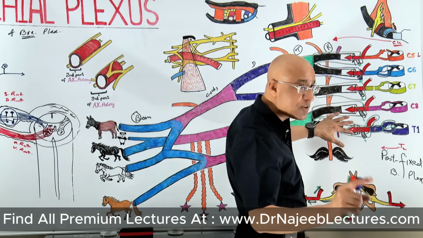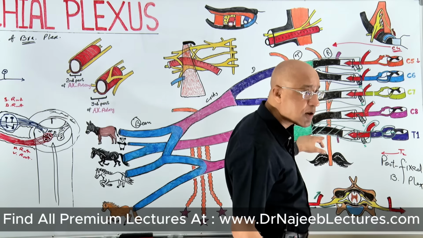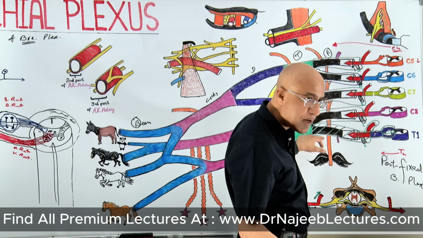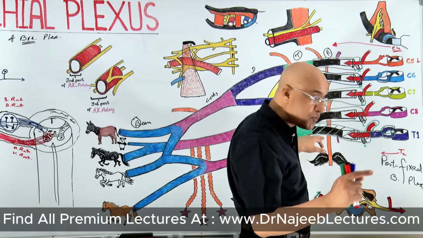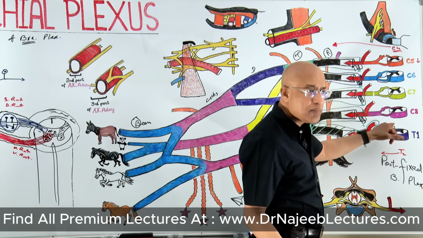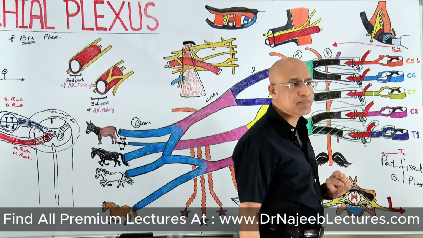So this is one more difference between the roots of the spinal cord and the roots of the brachial plexus, right? The roots of the brachial plexus of course belong to the peripheral nervous system, but few doctors understand it clearly that the roots of the spinal cord are part of the central nervous system.